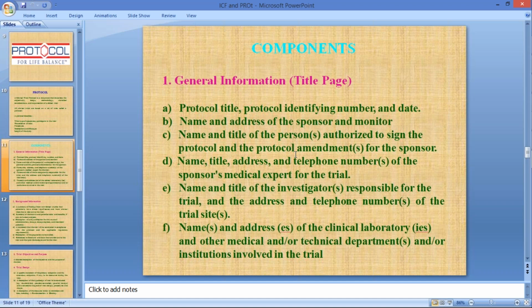He is also called the monitor. Name and title of the person who is authorized to sign the protocol and protocol amendments, and name, title, address, telephone number of the sponsor's medical expert. Name and title of the investigator responsible for the trial, and address and telephone number of the trial site.